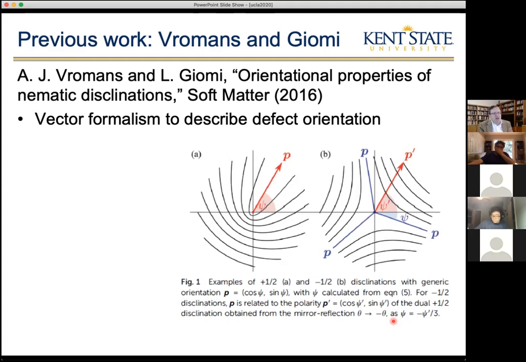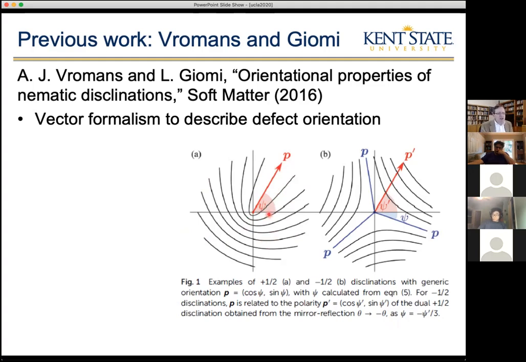In 2016, they came up with a vector formalism to describe defect orientation, which works great for a +1/2 defect, like this one. Okay, so they define this red vector P as a unit vector indicating where the director is pointing outwards from the defect, from the central singularity.